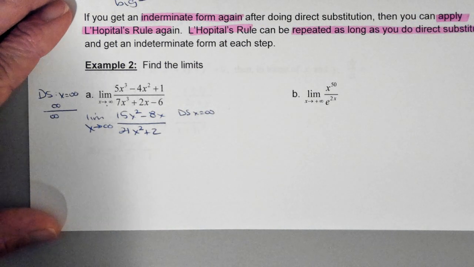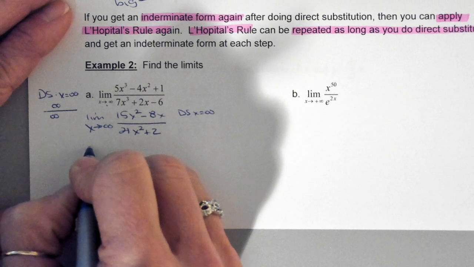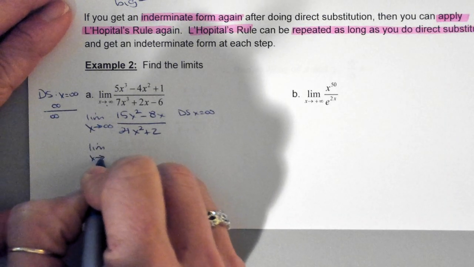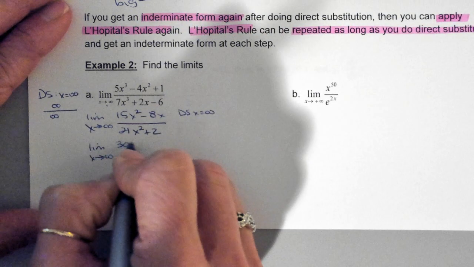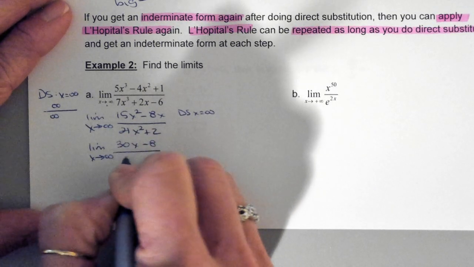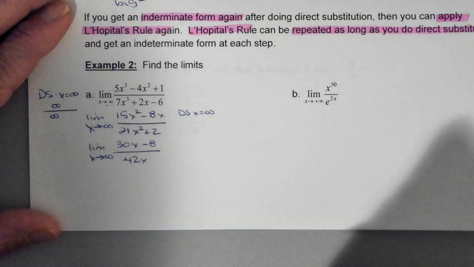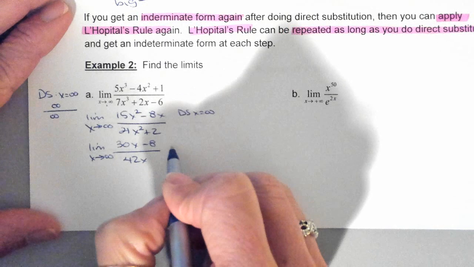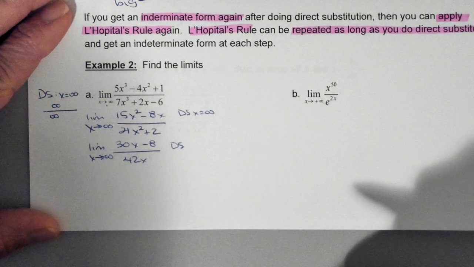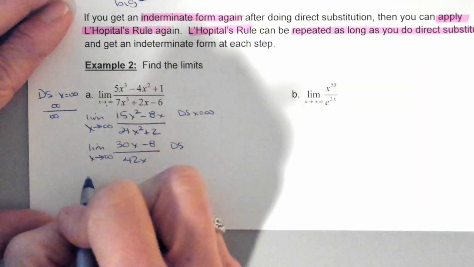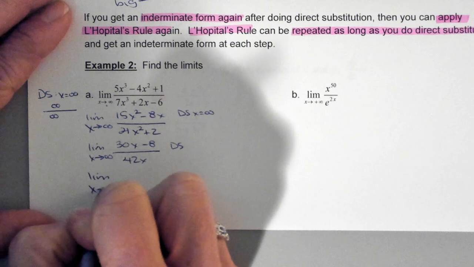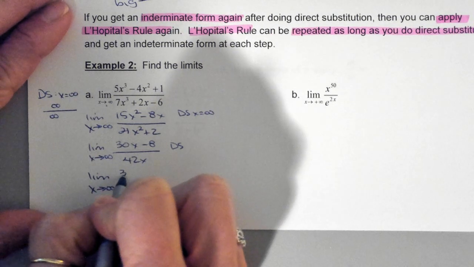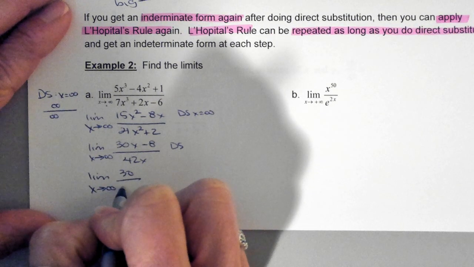Still a huge number, okay, and indeterminate. So we've got the limit as x approaches infinity. Try it again. 30x minus 8 over, what is this, 42x? Okay, try direct substitution again. Still indeterminate. So you have the limit as x approaches positive infinity. This is 30 over 42.